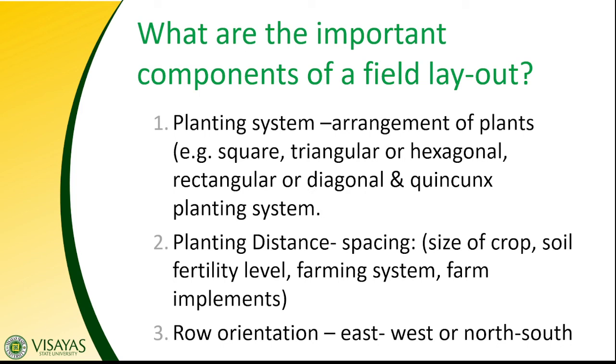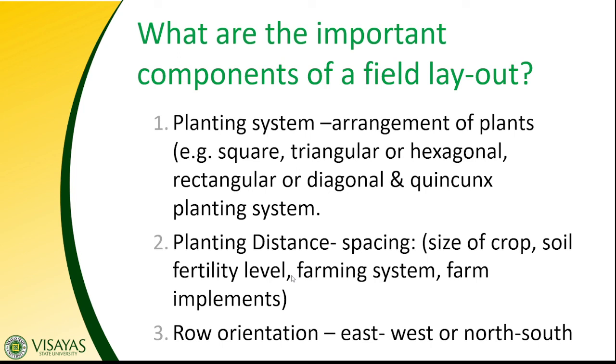And then the planting distance refers to the spacing considering the size of the crop. If the crop has a wider canopy, just like trees, they must be spaced farther apart, maybe 8 to 10 meters apart. Then the soil fertility level.